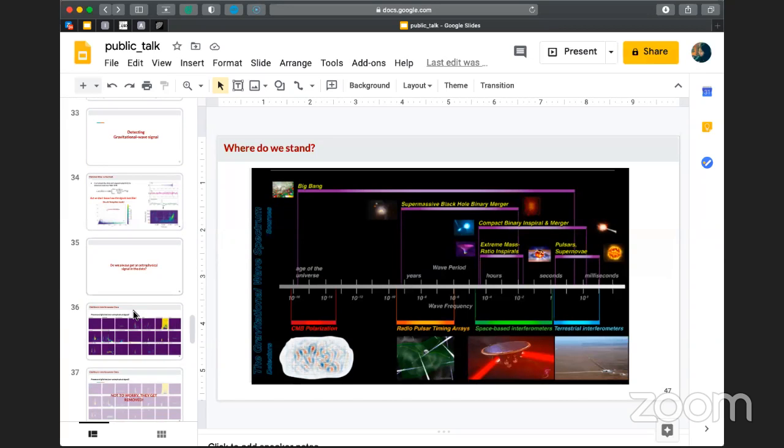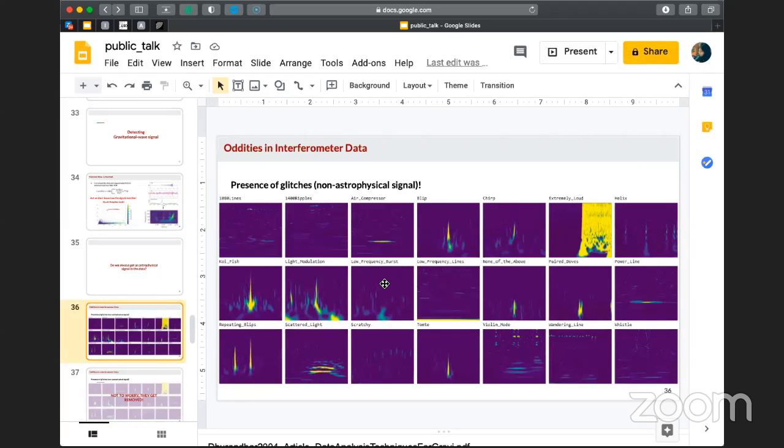To explain this more, we have non-astrophysical signals which can arise due to ground-based perturbations, maybe ripples caused by a car moving, or earthquakes, or maybe power fluctuation in one of the components of the detector.